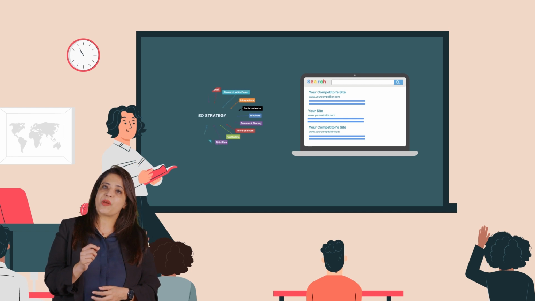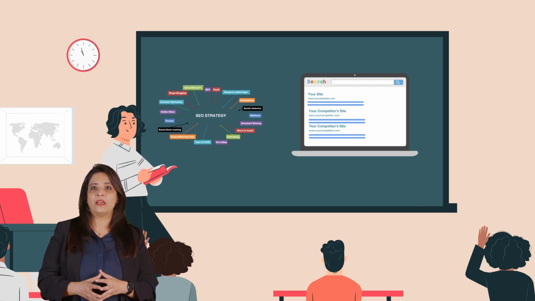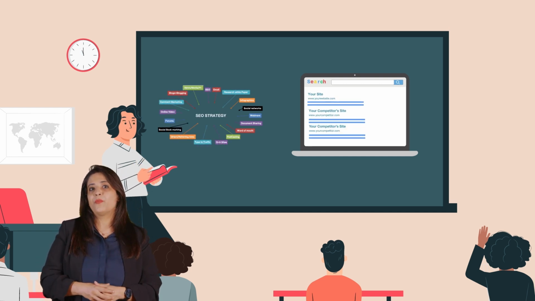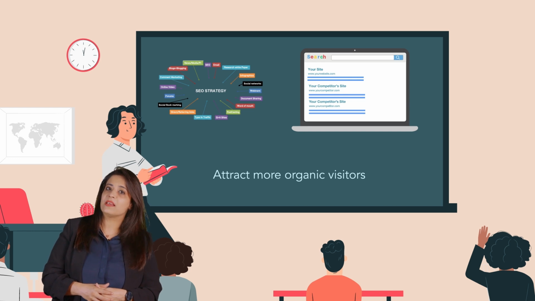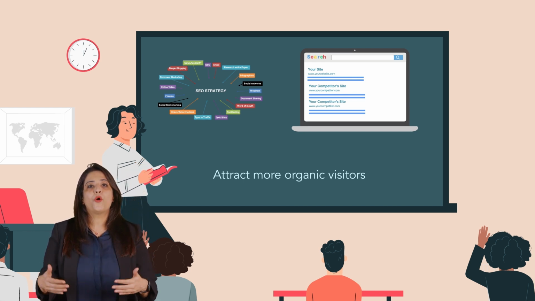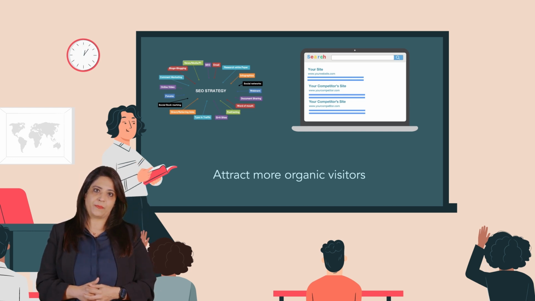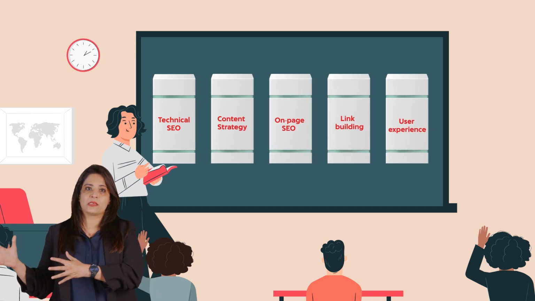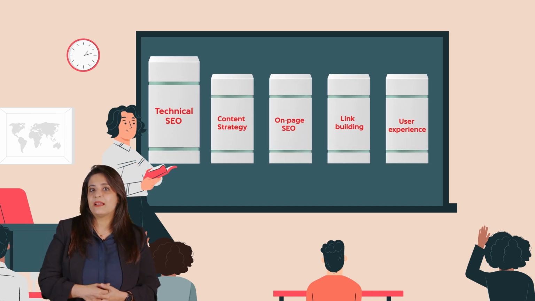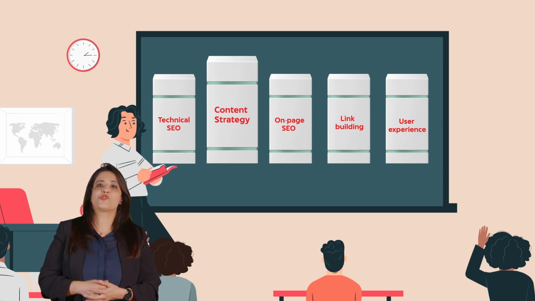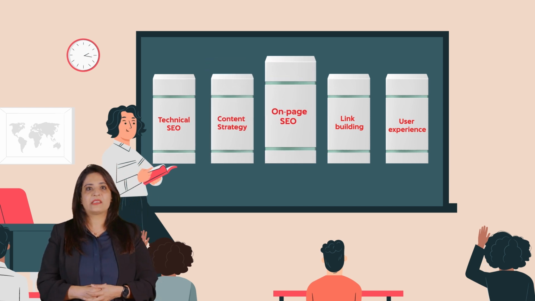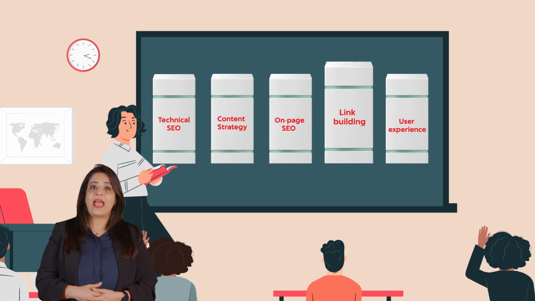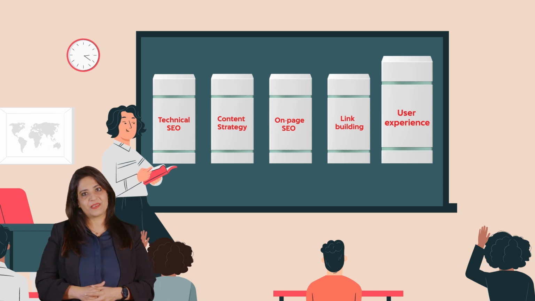An SEO strategy is a thorough plan for increasing a website's search engine rankings in order to attract more organic visitors. This strategy should be built on several pillars, including technical SEO, content strategy, on-page SEO, link building, and user experience.